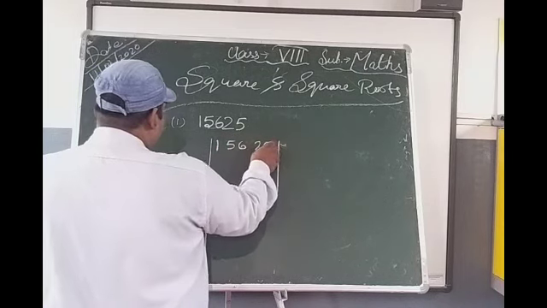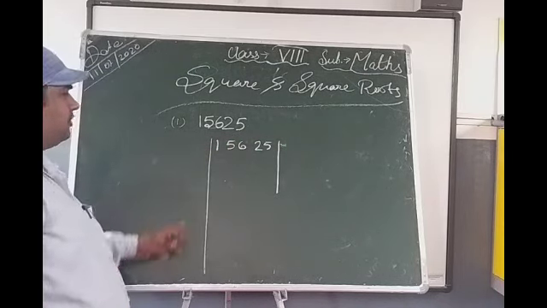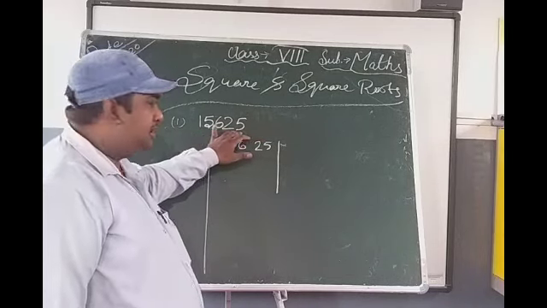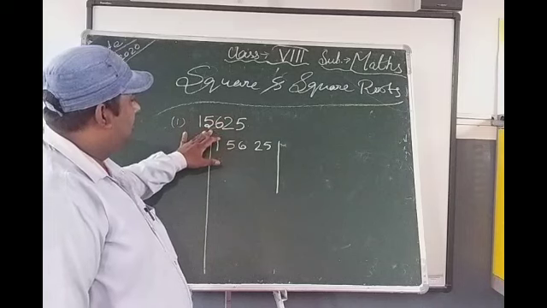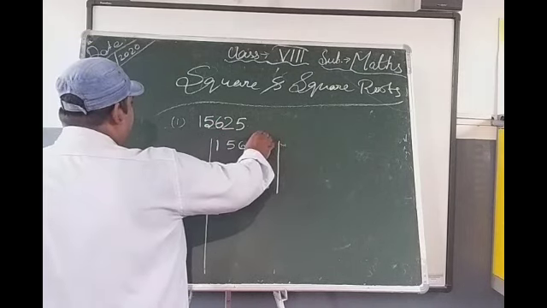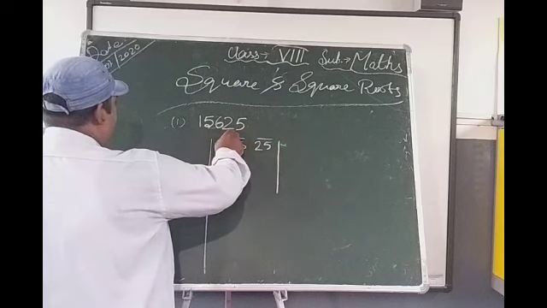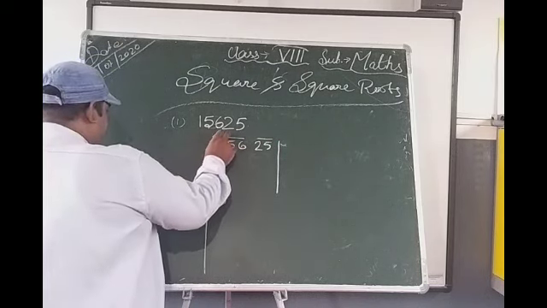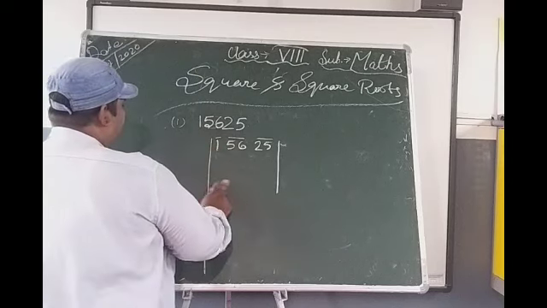Now students, this is not a decimal number, it is a normal whole number. We will make pairs from the right-hand side towards the left. Two-digit pairs we will make, and we find that finally one digit is single.